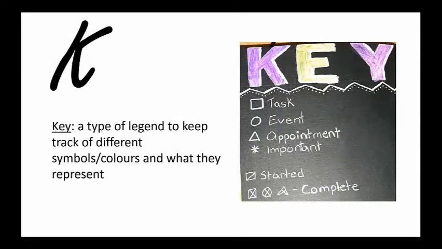For me, my key shows that I use a square for a task, an open circle for an event, an open triangle for an appointment, a star for something important I need to remember, and I also track if it's started or complete. This isn't my full key, but this is just a sample of some of the things you would want to include. Typically, you would set up a key at the very beginning of your bullet journal, so that way you can always refer back to it.